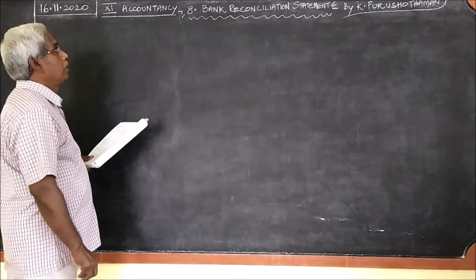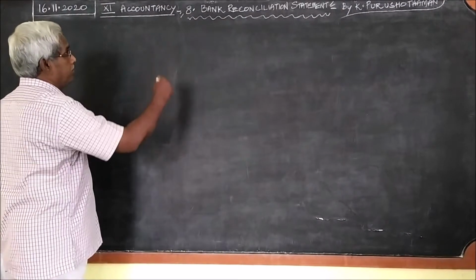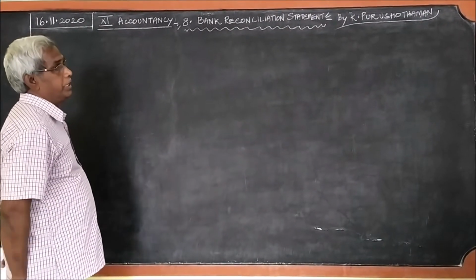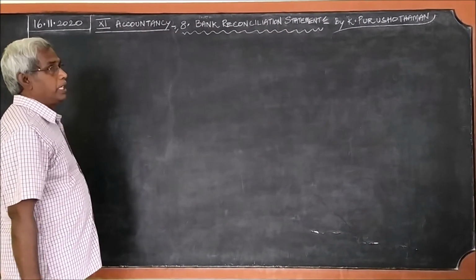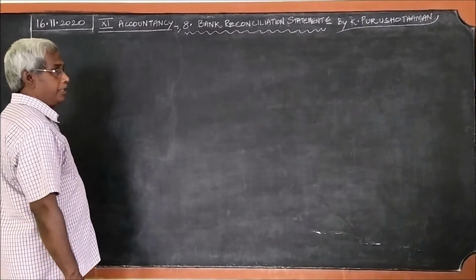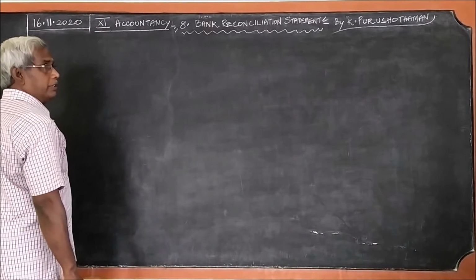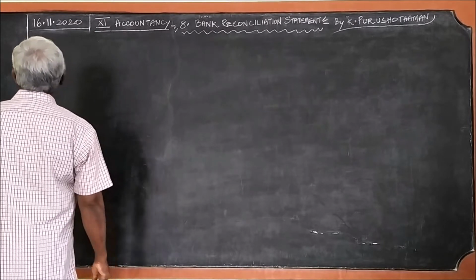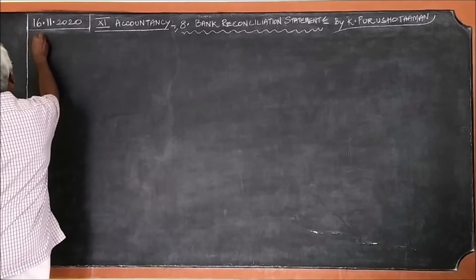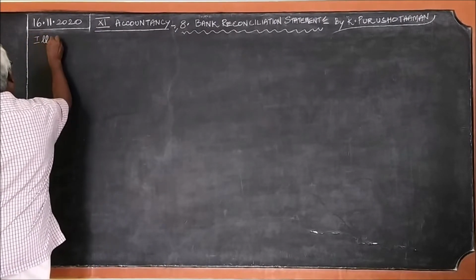We shall pass on to the problems under the chapter Bank Reconciliation Statement. How to prepare the bank reconciliation statement? What is the format to be followed for it? We shall see it now. For this, I just take Illustration 1.